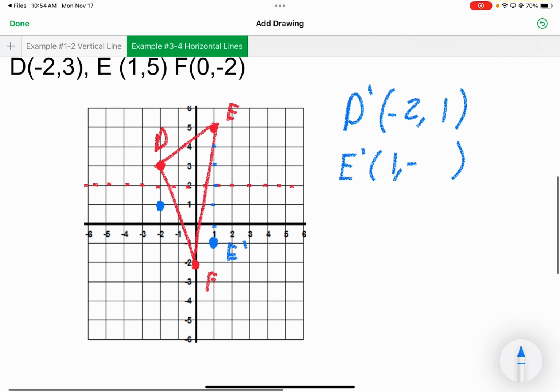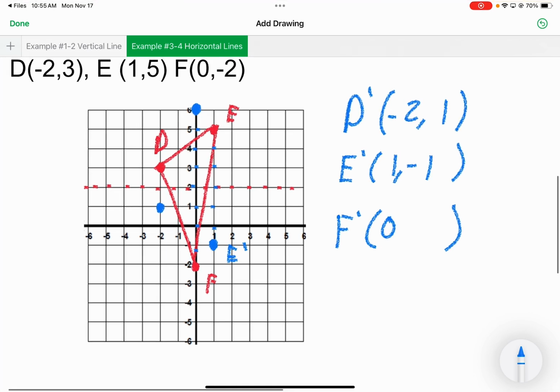So that looks like 1, -1 to me. And then F prime. That's going up. 1, 2, 3, 4. All the way up here. So then that's going to be at the point 0, 6. There we go.